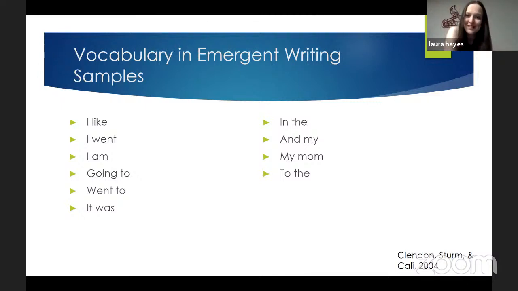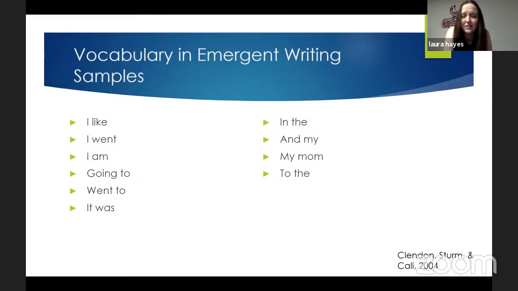What you can notice about all of those samples is that the most frequently used two-word phrases are mostly core-based. So when you're thinking about where to start with your kids that are using AAC, these are ones I would highly encourage you to use because they're core-based.